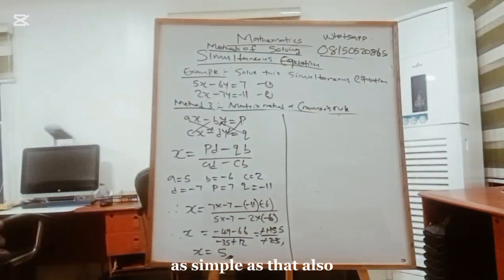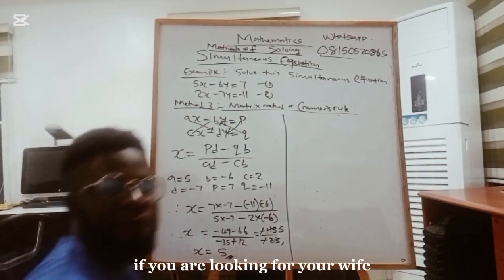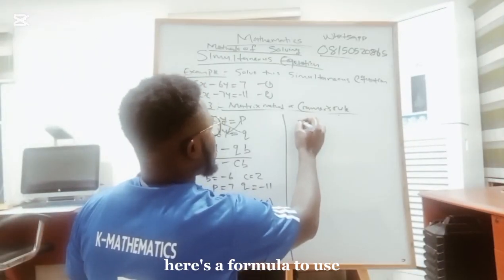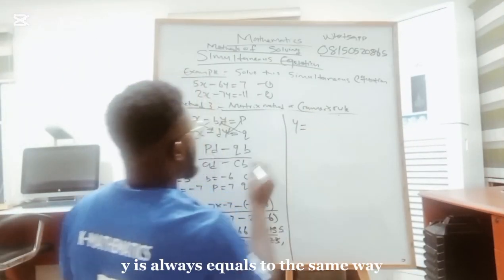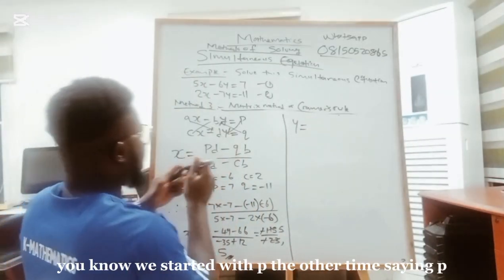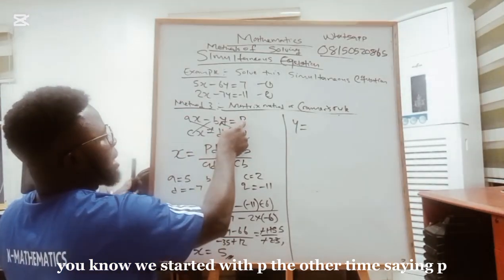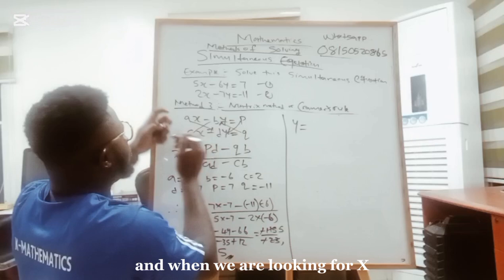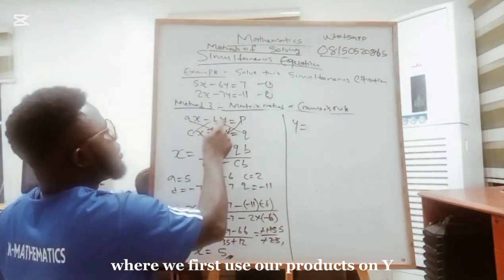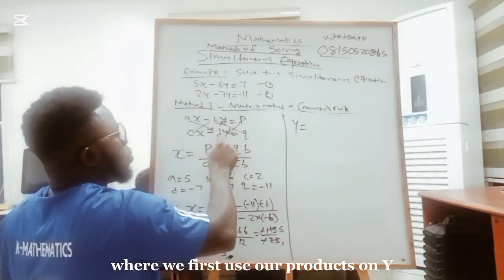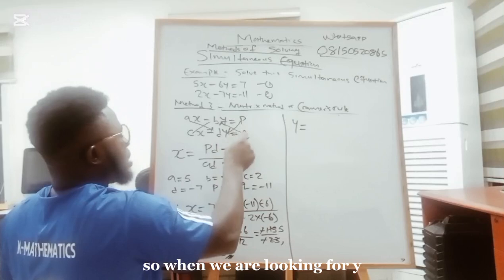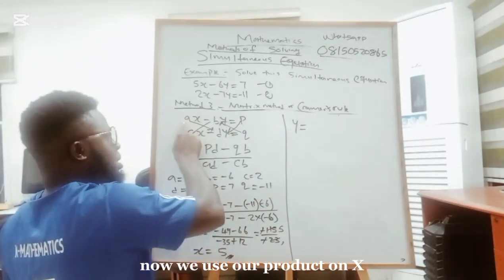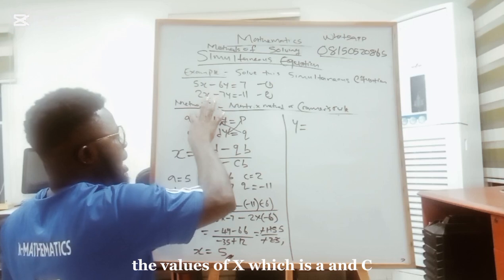As simple as that. Also, if you are looking for your y, here is the formula to use. y is always equal to the same way. When we were looking for x, we first used our product on y. So when we are looking for y now, we use our product on x, the values of x, which is a and c.